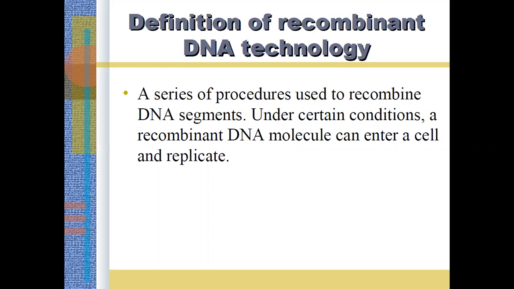In this technology, some specific conditions are chosen under which a recombinant DNA molecule is produced and is able to enter a cell. Once this recombinant DNA molecule gets its entry into the recipient cell, it will replicate along with the replication of the DNA of the recipient cell.